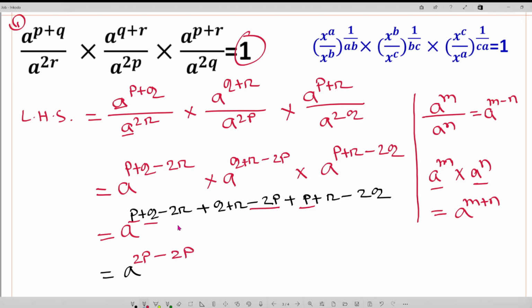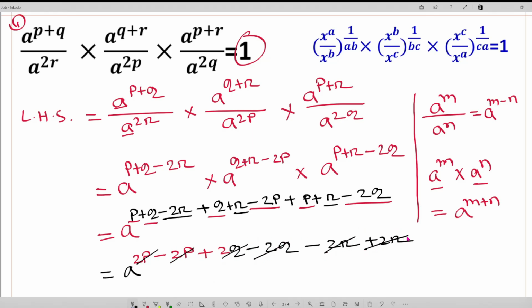Again here is plus q, it will be plus 2q, and here is minus 2q. Again this is minus 2r and here is plus r and plus r, it will be plus 2r. So 2p minus 2p is out, 2q minus 2q is out, minus 2r plus 2r is out.